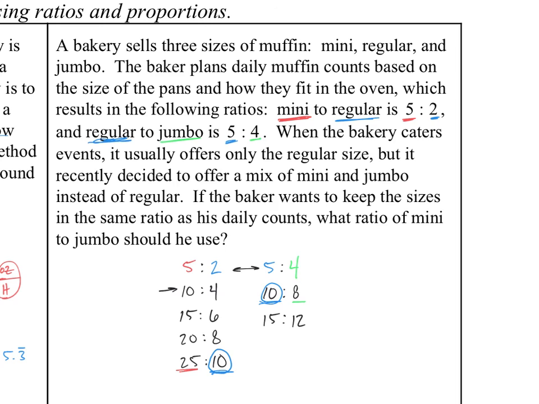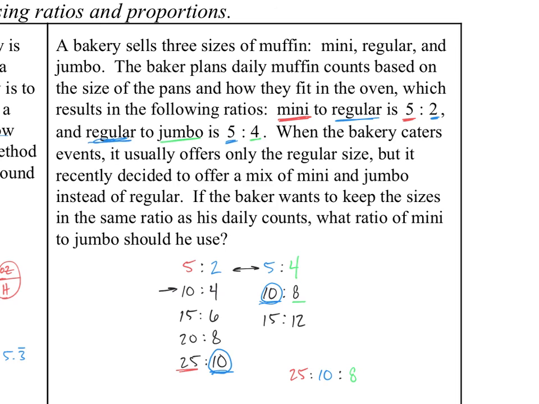So what I could actually do here is I could write a proportion that says 25 minis compared to 10 regulars is compared to 8 jumbos.